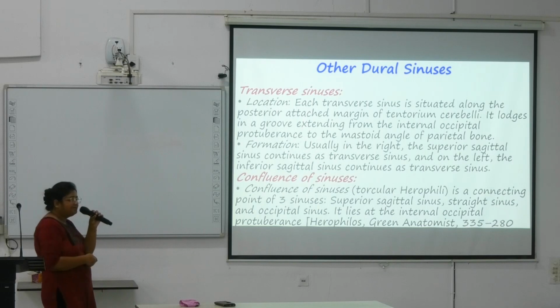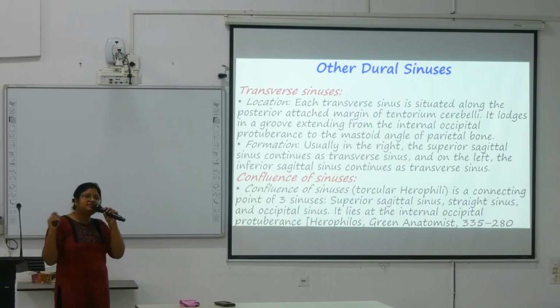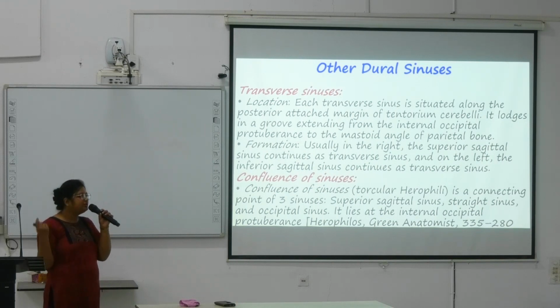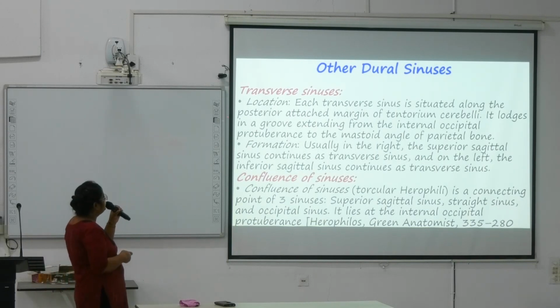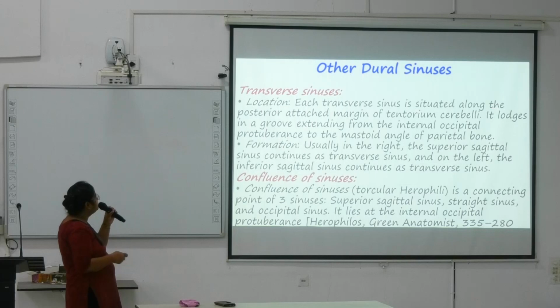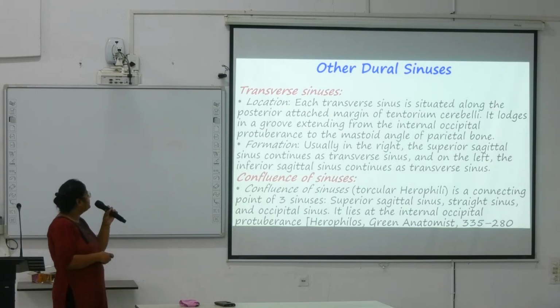Next we go to the transverse sinus. Okay, so the superior sagittal sinus continues as the right transverse sinus, and the straight sinus continues as the left transverse sinus, and both transverse sinuses continue as the sigmoid sinus. So see here, the transverse sinus is situated along the posterior attached margin of the tentorium cerebri.